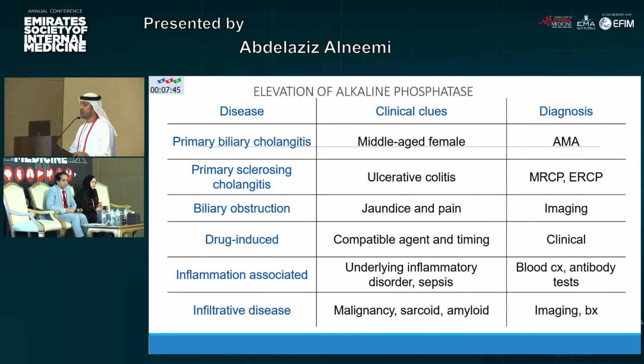Biliary obstruction: you're going to find the patient has jaundice, pain, and this is an imaging diagnosis also. Drug-induced: compatible agents and timing, and this is mainly going to be clinical. Inflammatory-associated: the patient has sepsis or an inflammatory disorder, and you're going to find some clue in the blood tests.